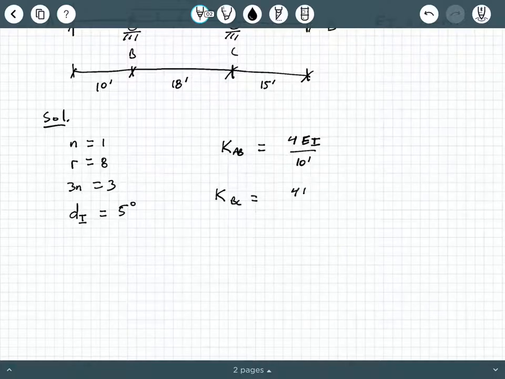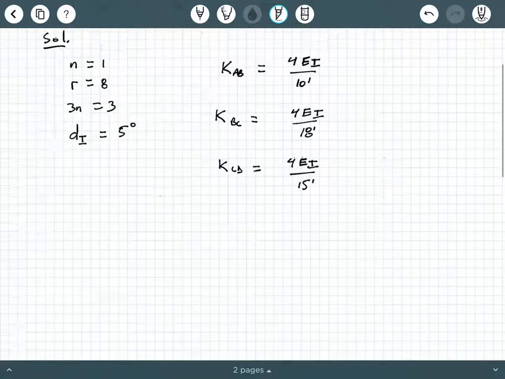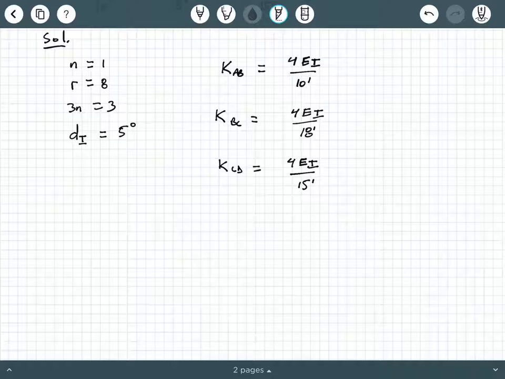Okay, we have KBC, which is 4 EI over 18 feet, and then we have KCD, which is 4 EI over 15 feet. Okay, then we can use these. Remember, the whole purpose of getting these stiffnesses really is to then calculate the distribution factors.